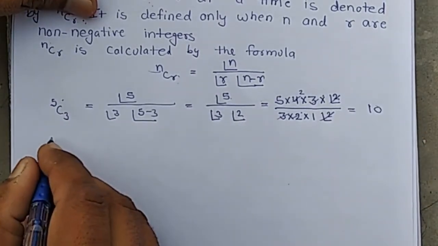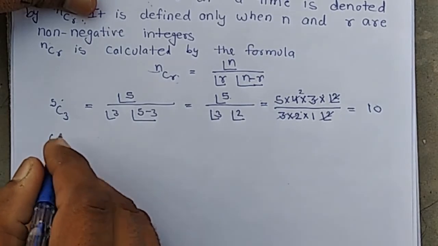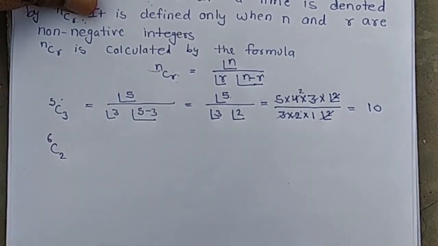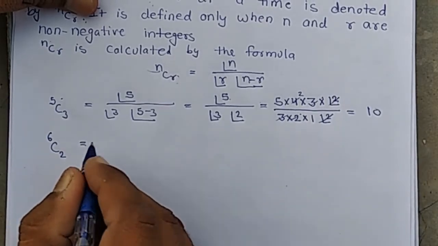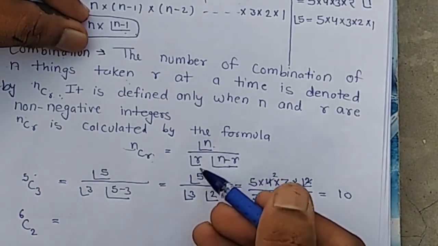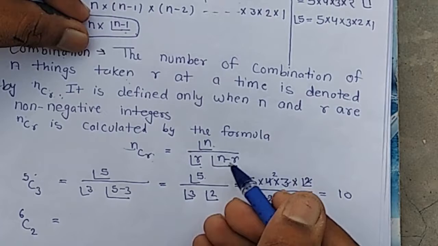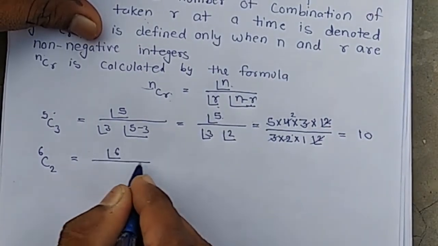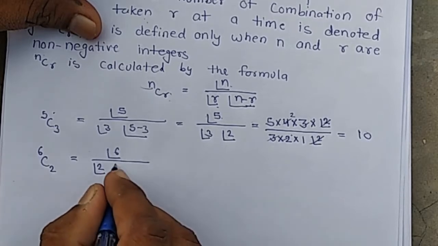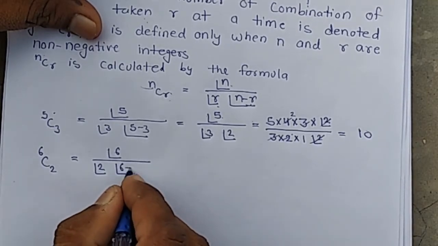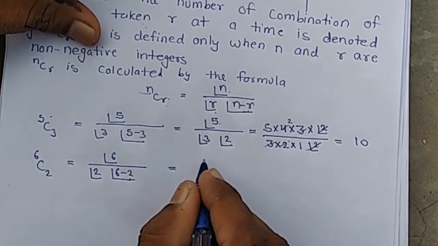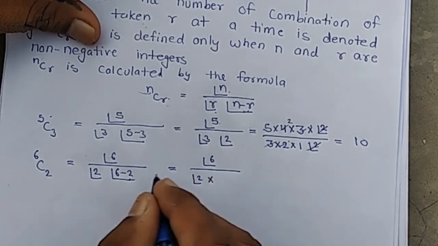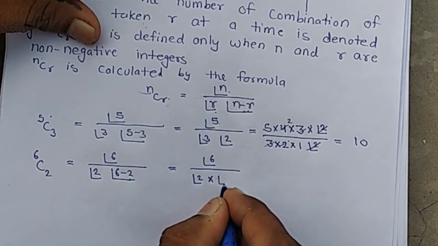Now if we have to find 6C2, then by the formula factorial n by factorial r into factorial n minus r, 6C2 can be written as factorial 6 by factorial 2 into factorial 6 minus 2, means factorial 4.